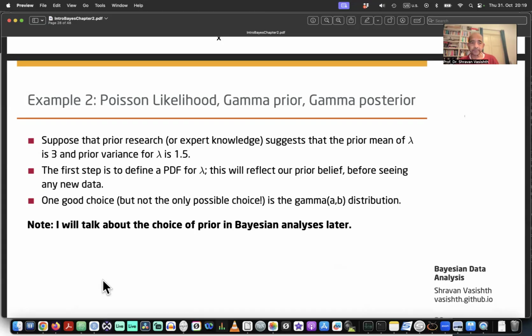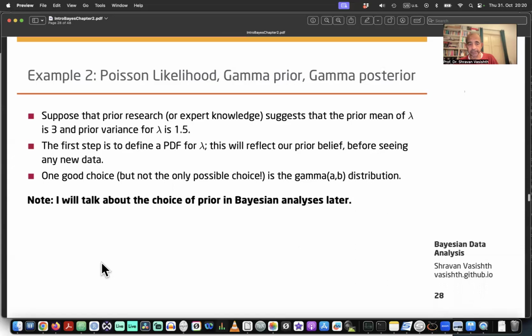It turns out that one possible choice is the gamma distribution for the lambda parameter. Later on, you will see that you could choose a whole array of alternative distributions as a prior for lambda, depending on what you think is a reasonable prior. But right now, for convenience, we are choosing the gamma distribution as a prior for lambda. The gamma distribution also takes two parameters, A and B. These are called shape and rate parameters, and they determine the shape of the probability density function.